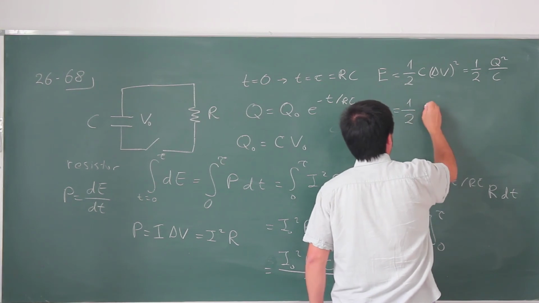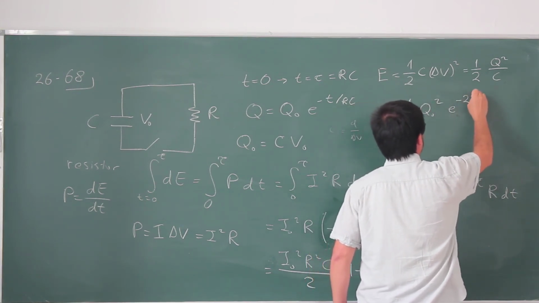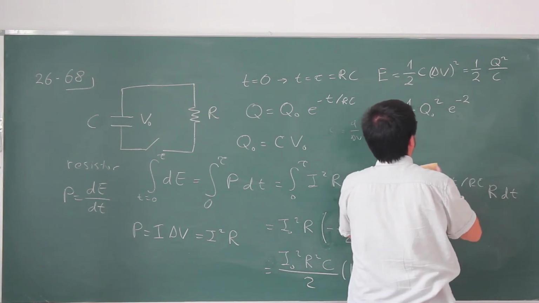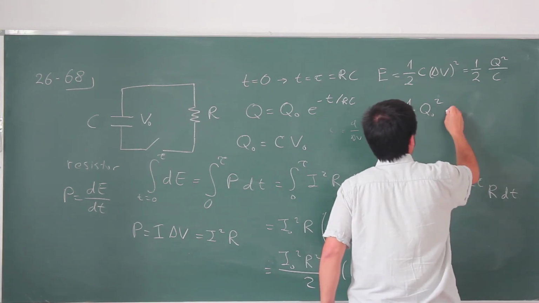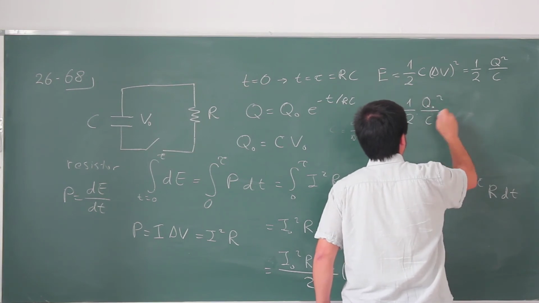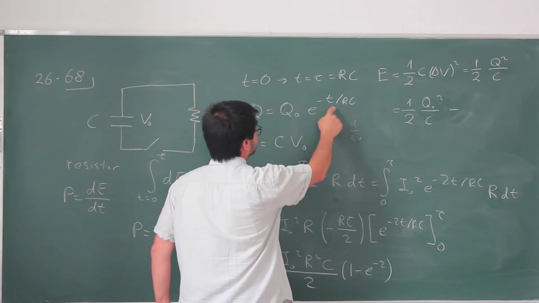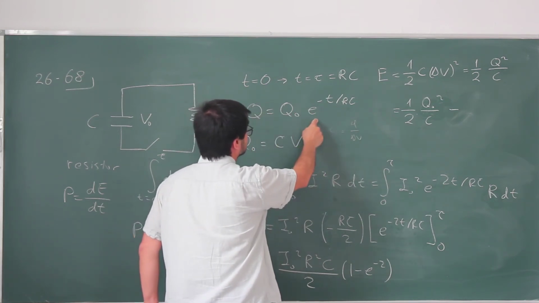So let's take a look at this. So we start with a half Q naught square over C. This is the initial one. The final value is going to be, if I introduce a t here, Q naught times e to the minus 1.